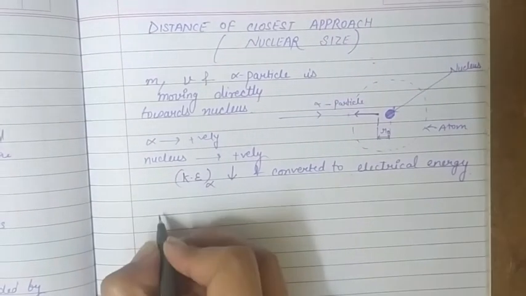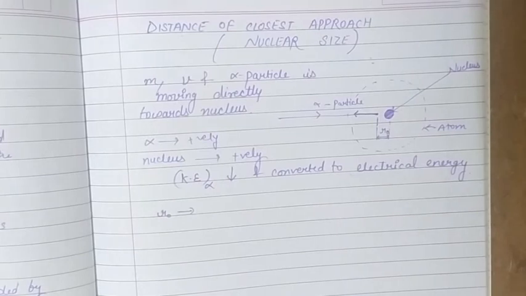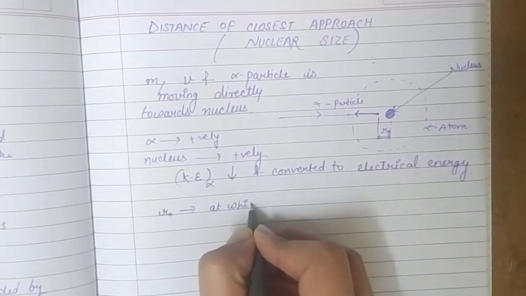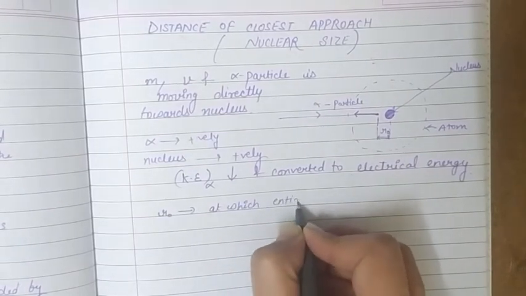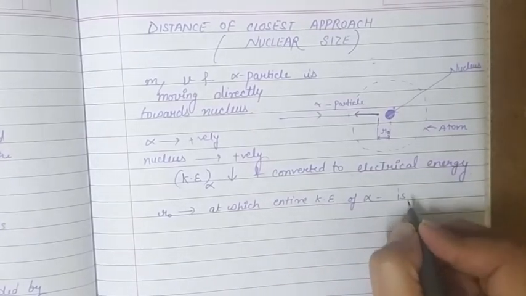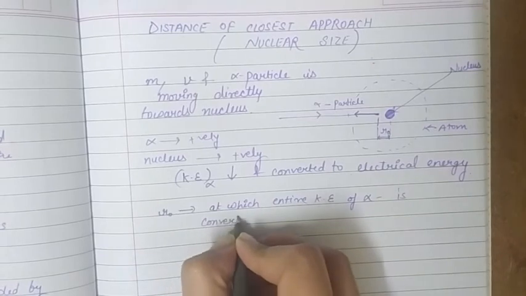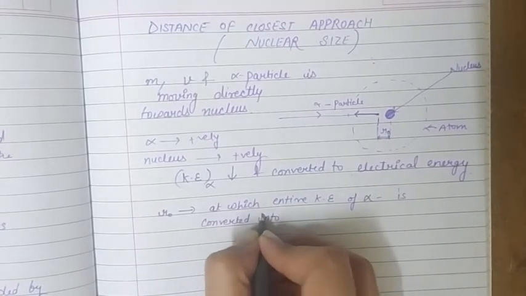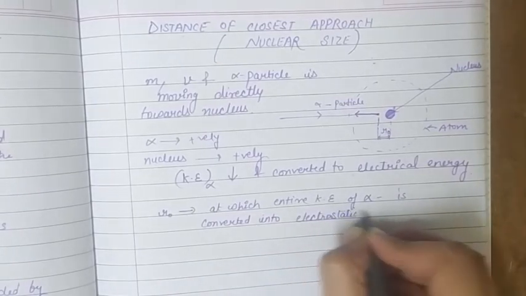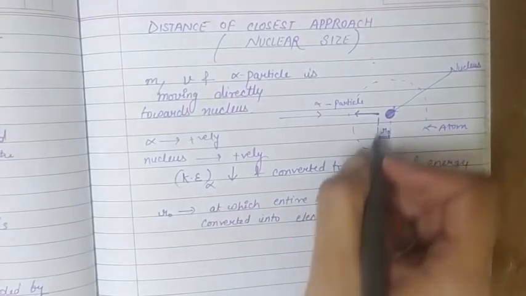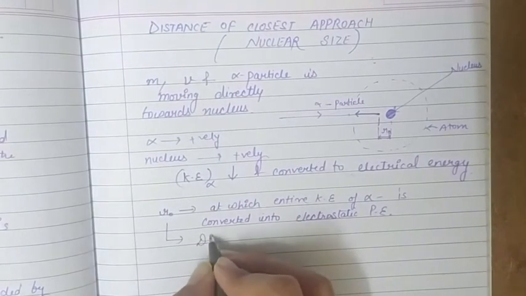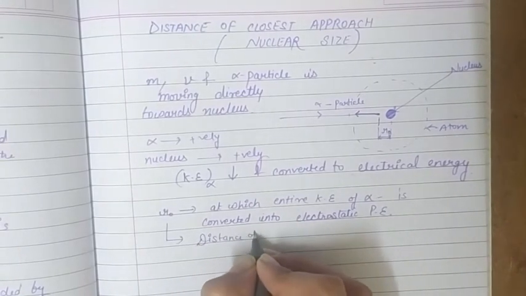So this distance r naught is the distance at which the entire kinetic energy of the alpha particle is converted into electrostatic potential energy. At that point it stops and starts retracing its path. This distance is called the distance of closest approach.